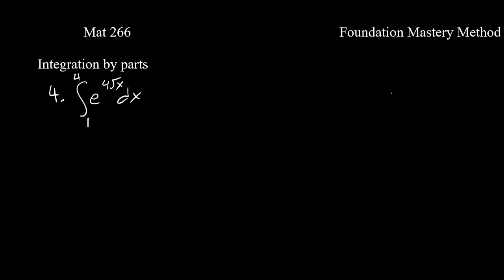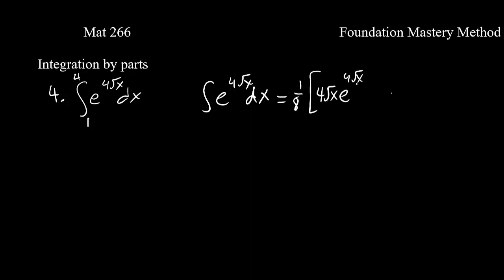Now let's look at the same problem, only as a definite integral, where we have the limits from 1 to 4. Okay, so recall what we had figured out was that the integral of e to the 4 times the square root of x dx was equal to 1/8 times 4 times the square root of x e to the 4 times the square root of x minus e to the 4 times the square root of x plus a constant of integration.